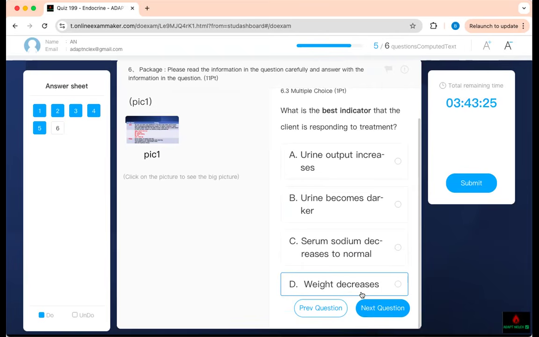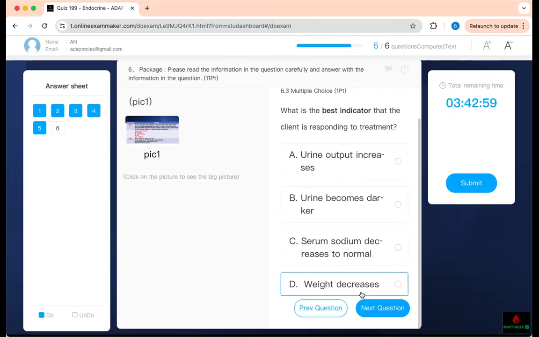Their serum osmolarity will try to be normal. Their urine specific gravity will try to be normal. Which of those should you pick as the best indicator of treatment? Pick that. When you see that kind of question, pick the reason why you give them the medication. That is the way to answer this kind of question.